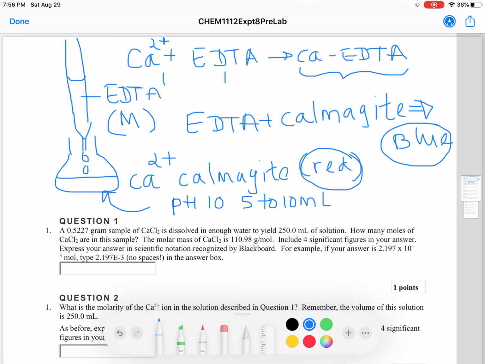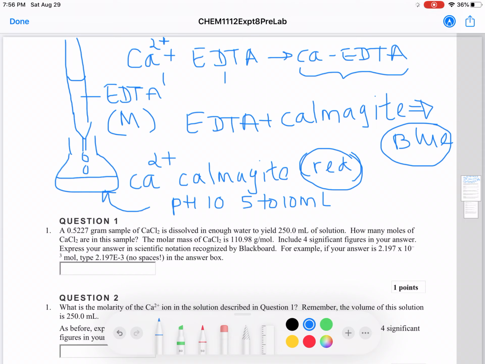From that we can find the hardness, and I will show you how to do those calculations for the post-lab separately, but here we will focus on the pre-lab calculations. So that's basically what you're going to be doing during the titration in this experiment. Please watch the virtual video, so you will see how the color changes, going from a beautiful wine red to a deep sky blue through a purplish color.